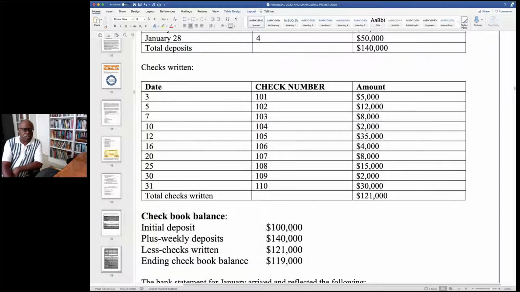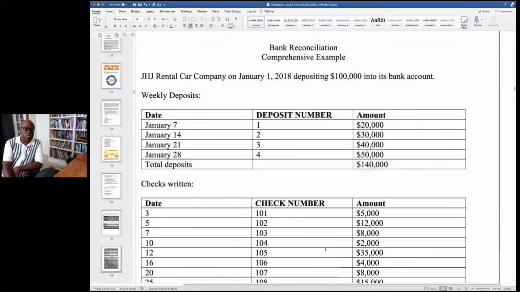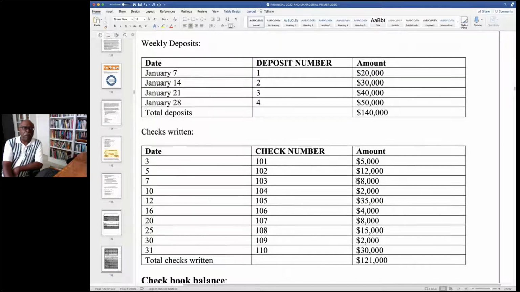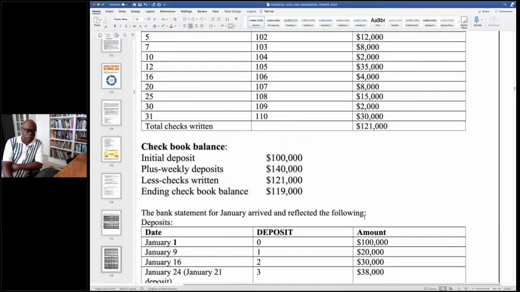The checkbook shows an initial deposit of 100, weekly deposits of 140, checks written 120. The ending checkbook balance is 119,000. So rather than just giving you the totals, I gave you the details, and you would perform this analysis.